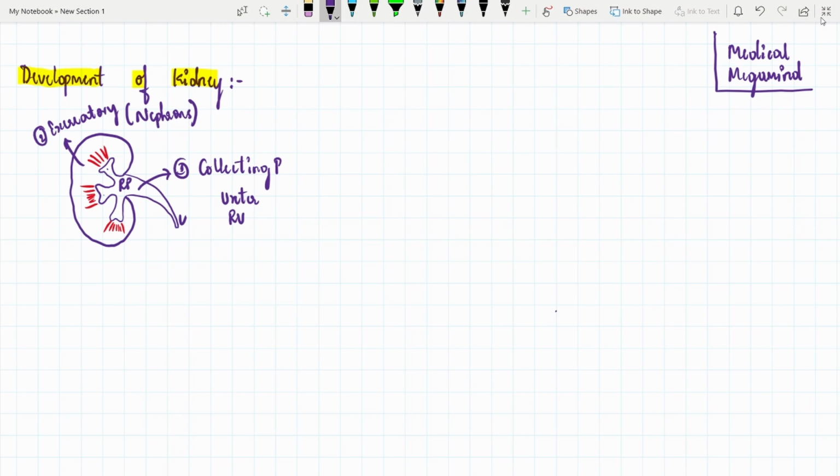Okay, see, if you consider the kidney, it develops from intermediate mesoderm. So you are thinking, what is meant by intermediate mesoderm? You know, this is the embryonic disc.